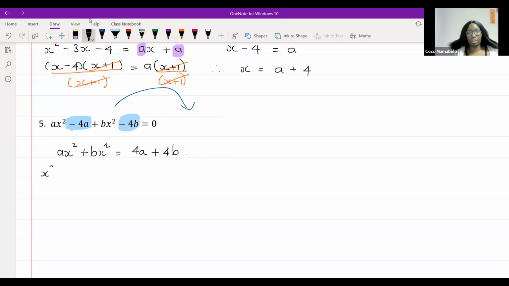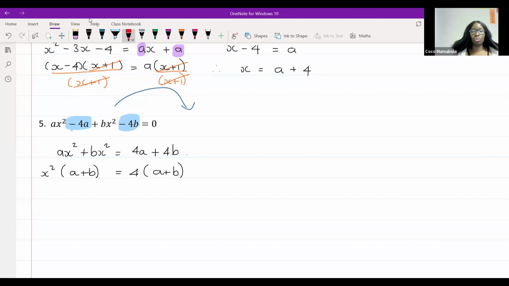So I'm going to take out x squared and I'm going to have a plus b left, is equal to, now I know that I want a plus b. And on this side, I can then take out a common factor of 4. So I'm going to take 4 out, and I'm going to end up with a plus b on this side, right?